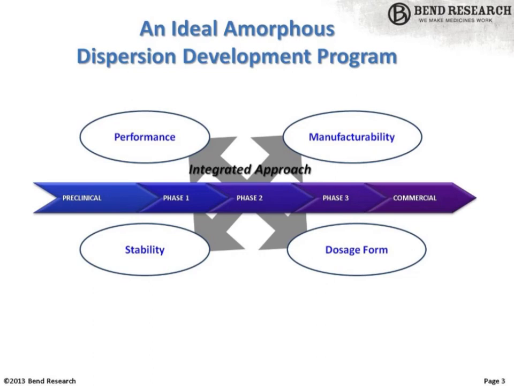But really, a critical issue that's not often appreciated is being able to not only drive that performance, but also get that performance to where it's manufacturable at a commercial scale, it is a stable formulation to commercial scale, and also has been integrated into a dosage form in commercial. And so this slide 3 really shows, ideally, that you'll consider all these things early on.